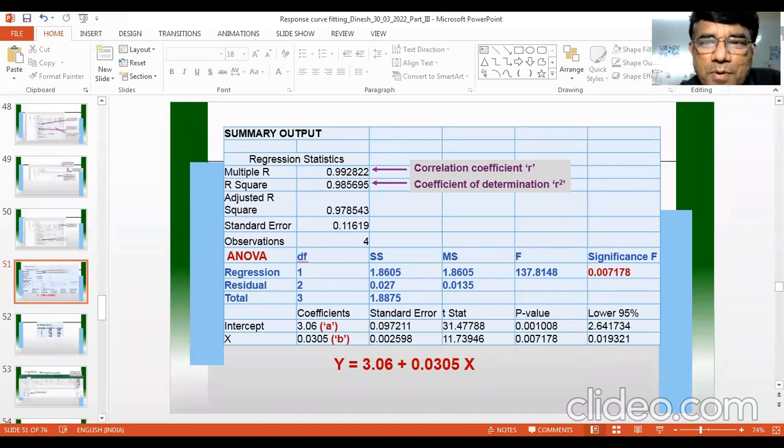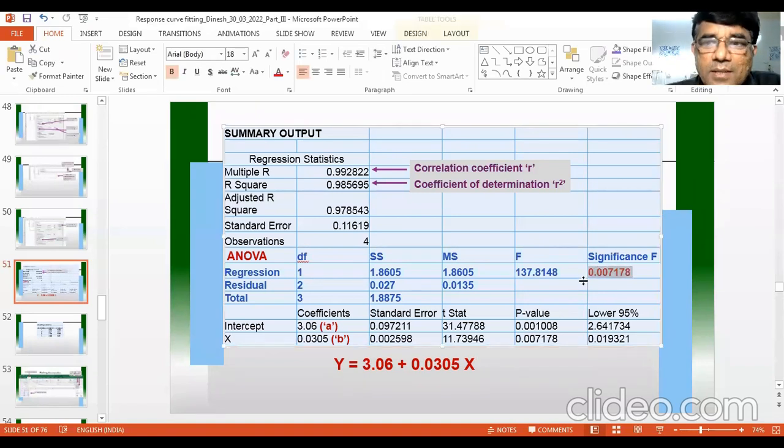Now I tell you what test: through the F test we are testing the significance, not of the equation actually, but of the regression coefficient B, whether these values are significant or not. If these values are significant, it means our equation is significant. Remember this point also. You can see the significance level here for regression. This is for the regression coefficient in fact.